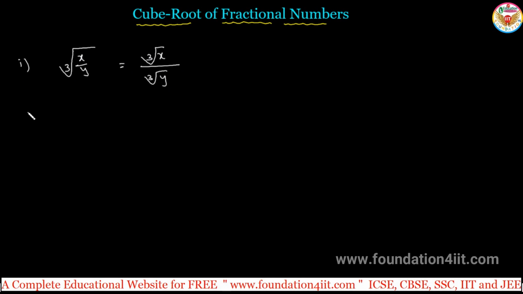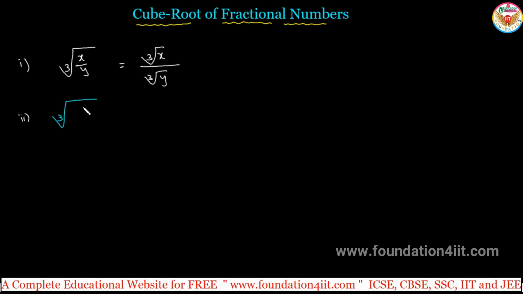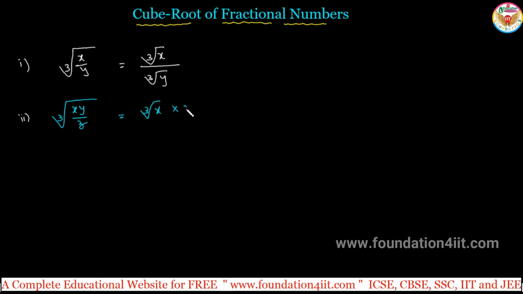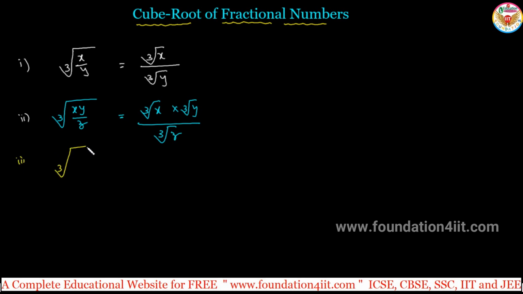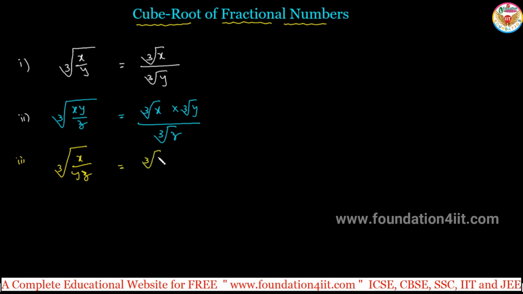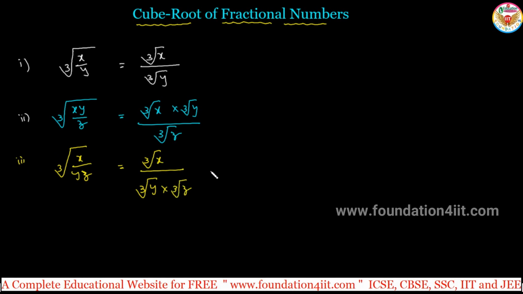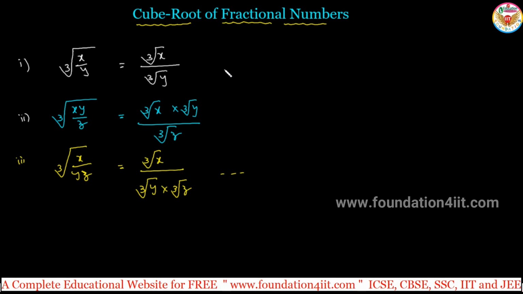Or else if the numerator has two parts, like cube root of xy by z, then we can write cube root of x into cube root of y for the numerator, divided by cube root of z. In case the denominator has two parts, like cube root of x divided by yz, it is cube root of x in the numerator by cube root of y into cube root of z. So this splitting technique we can use even to find cube roots of fractional numbers.